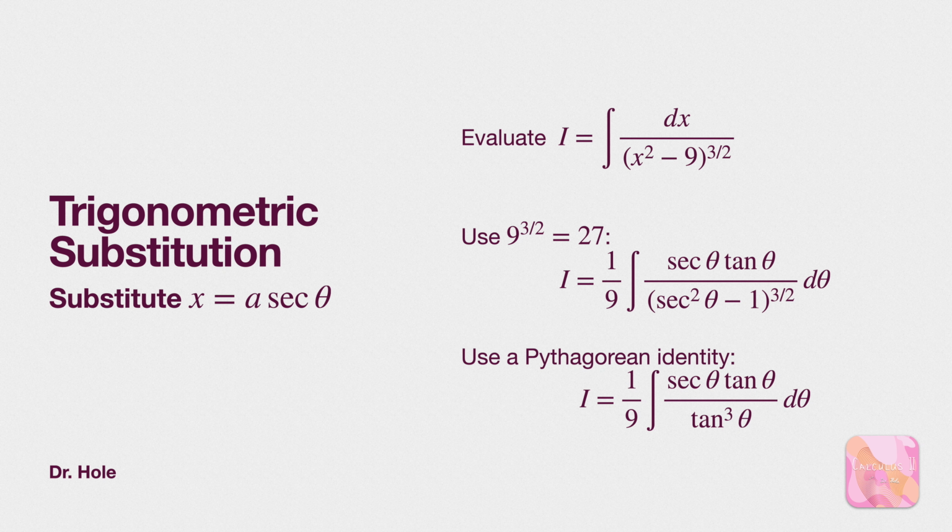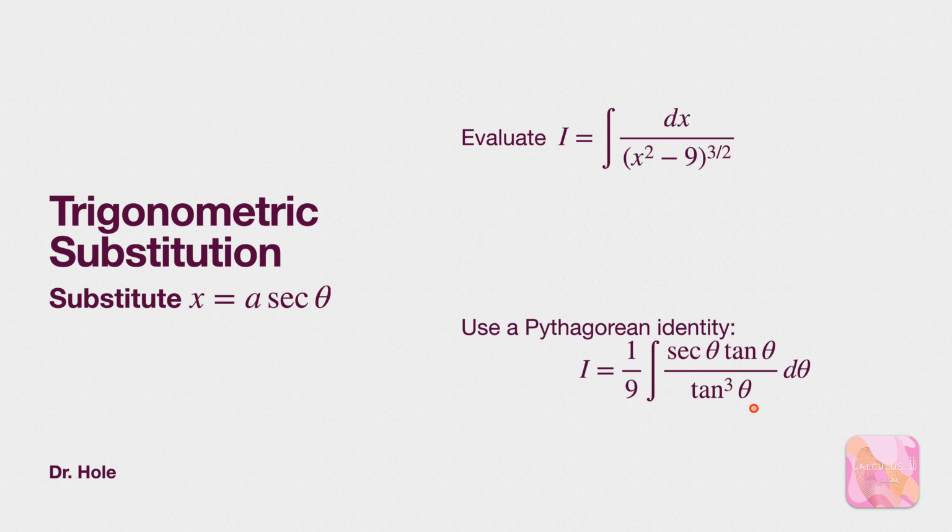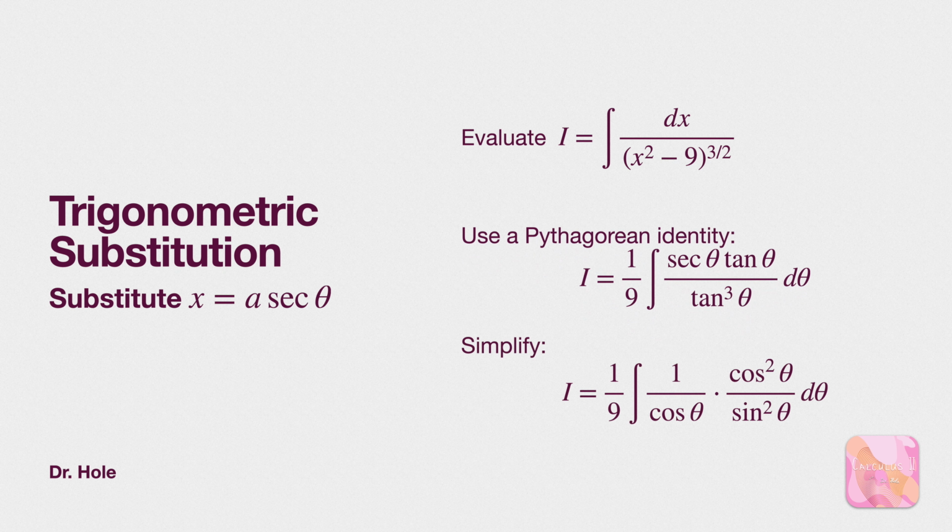Good. More simplification. We have 1 copy of tangent in the numerator, 3 copies of tangent in the denominator. It's also useful to swap out secant with 1 over cosine. Having 2 copies of tangent in the bottom, we can call that cotangent. 2 copies of cotangent is cosine squared theta over sine squared theta.